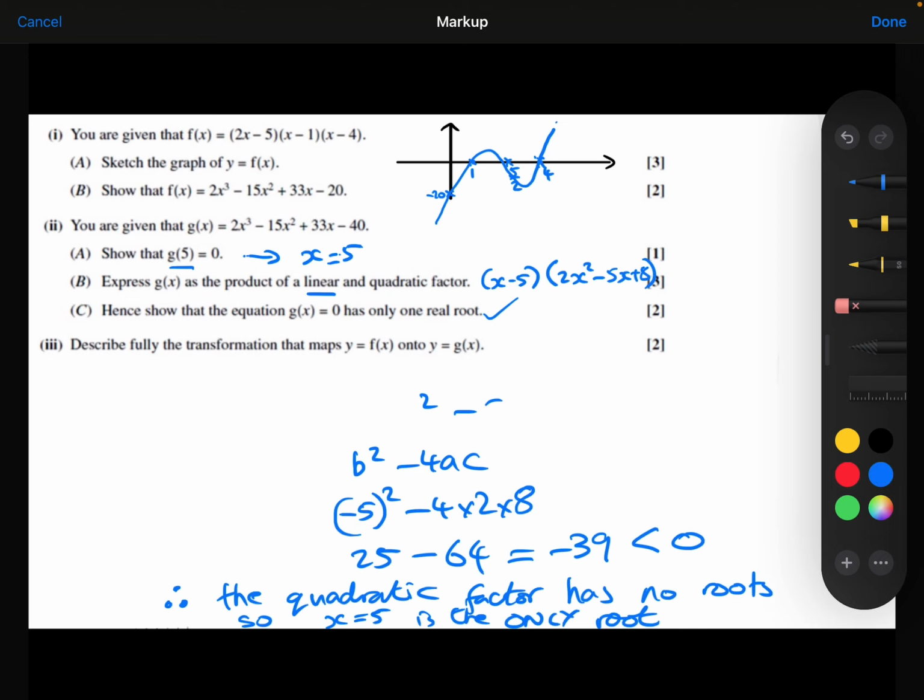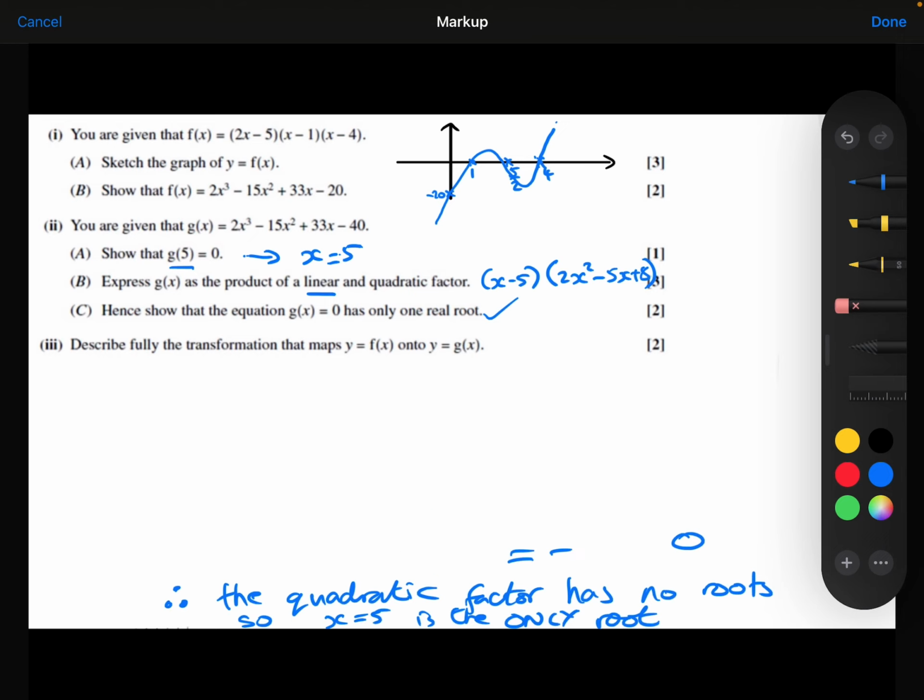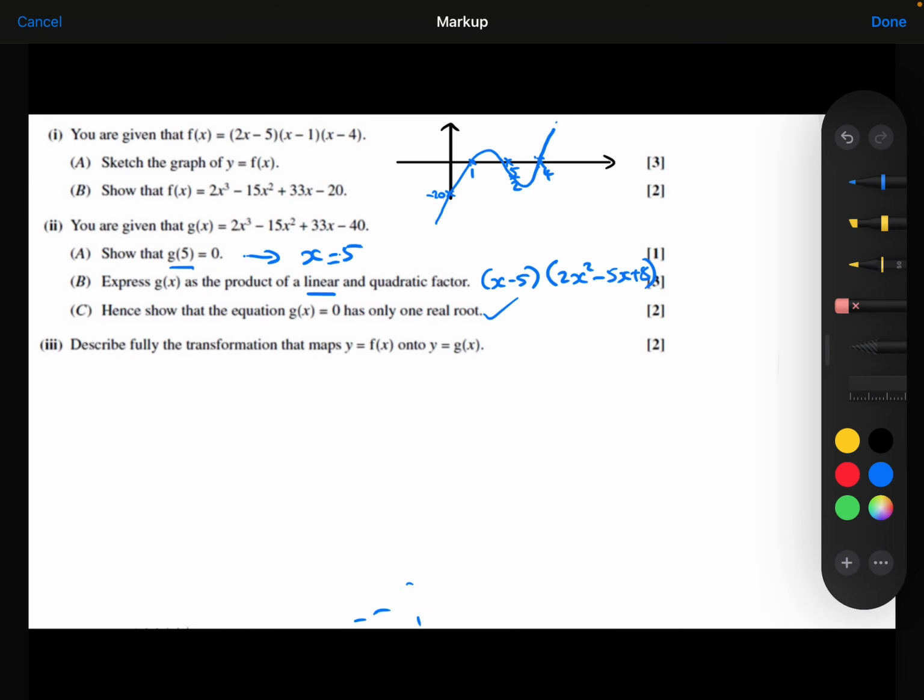And before I move to part III, let's just refer back to what I said at the beginning of part II with regards to g of x. Remember how I said that g of x was our f of x function just moved down 20 units in the y direction, so that it intersected the y coordinate here at minus 40, and it's passing through the x-axis here at 5.